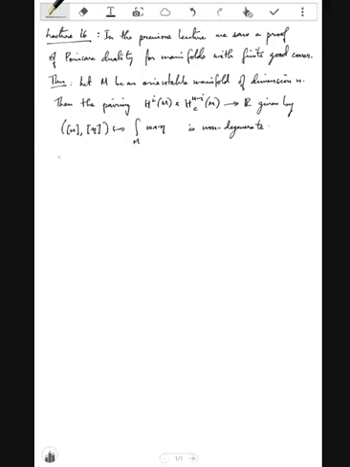So let M be an orientable manifold of dimension n with a finite good cover.